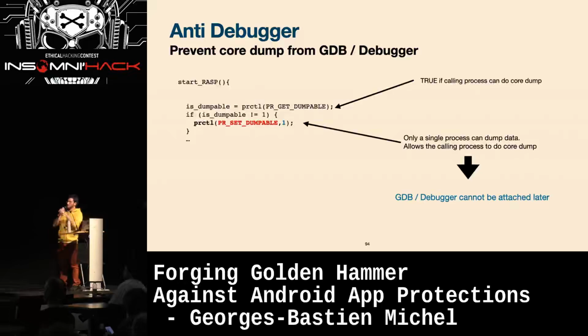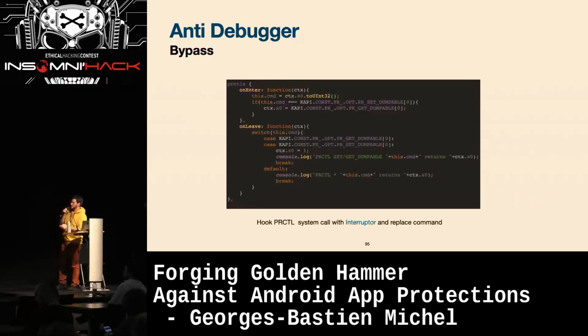When you hook such a kind of syscall, you should be aware. You should find a value which causes the fewest side effects on the application. And here is the hook to change the prctl.